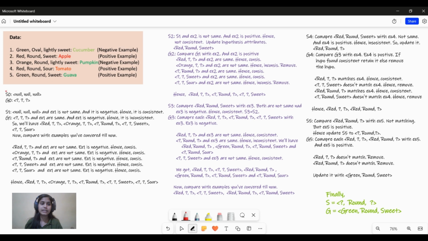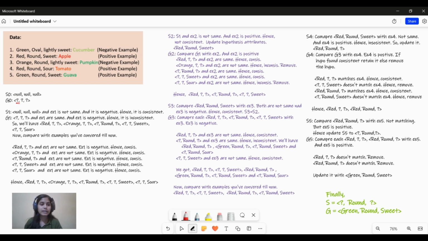First of all, we will initialize the specific and general hypothesis with null and question marks respectively, because specific should be specific and it will not accept any values initially, and the general hypothesis will accept all the values, so all the attributes will accept all the values.